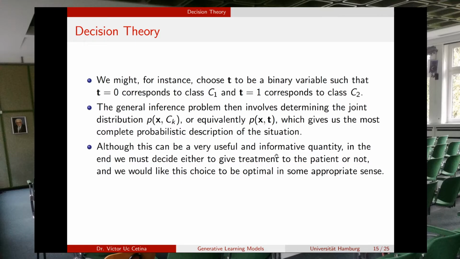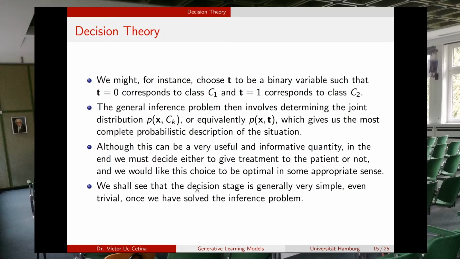Although this can be a very useful and informative quantity, in the end we must decide, we need to take an action, either to give a treatment to the patient or not. And we would like this choice to be optimal in some appropriate sense. We shall see that the decision stage is generally very simple, even trivial, once we have solved the inference problem.